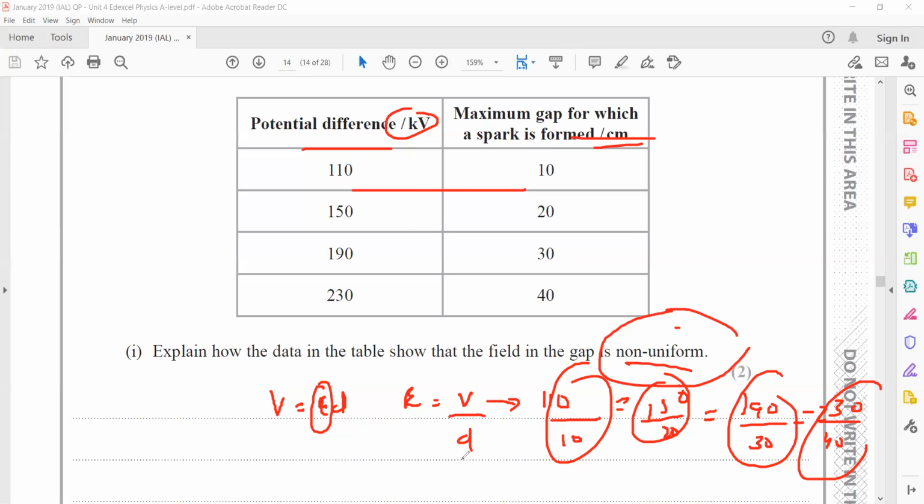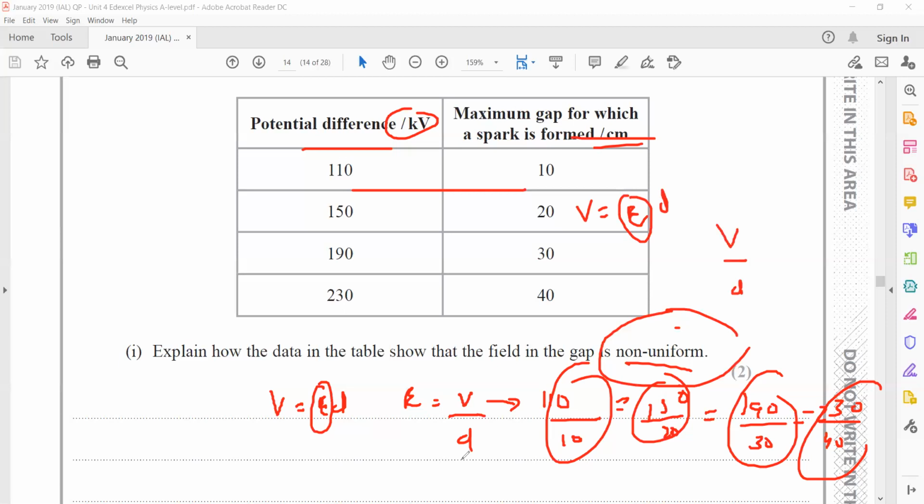So how can you use this data to confirm that the electric field is not constant? When we take the ratio, it's not the same, so it shows that it is not constant. When two quantities are directly proportional, as we know from the formula V equals ED, their ratio should be constant.